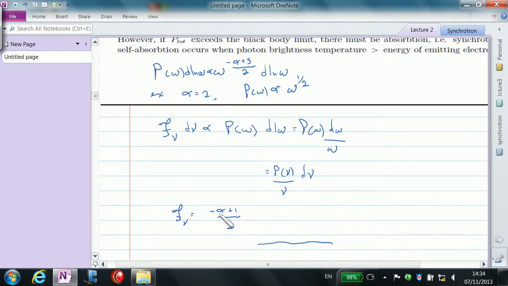Well, wherever I had an alpha here, I replace it by alpha plus 1.